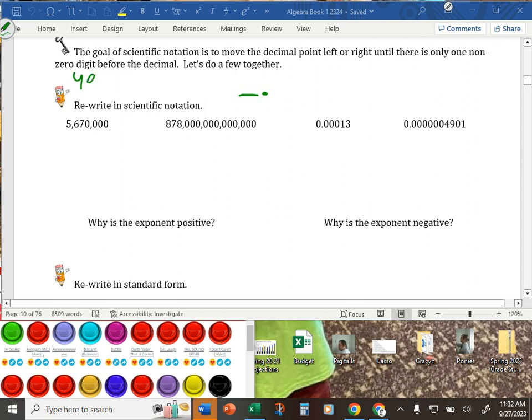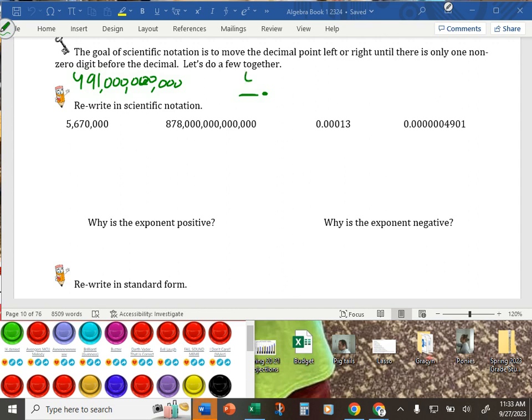In 491 billion, the digit before the decimal point is the 4. What comes after the decimal depends on the number. Every non-zero digit after the decimal gets written as well, so the 9 and the 1 come after the decimal point.